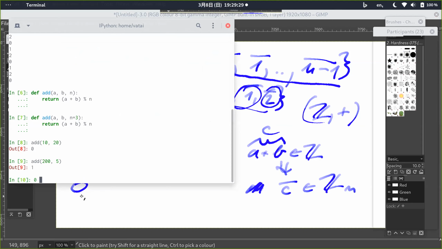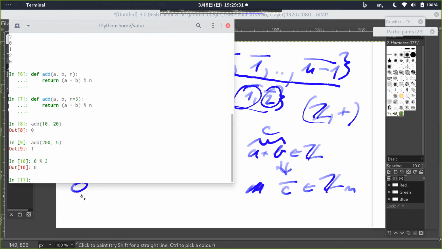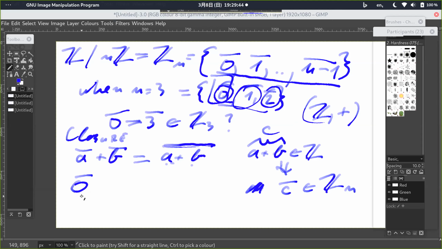If you divide 0 by 3, you will get 0. And by division, I always mean Euclidean division, and you don't look at the quotient, but you get the remainder. Okay? So the neutral element will be the 0 class, which is the same as the 3 class, which is the same as the 6 class.